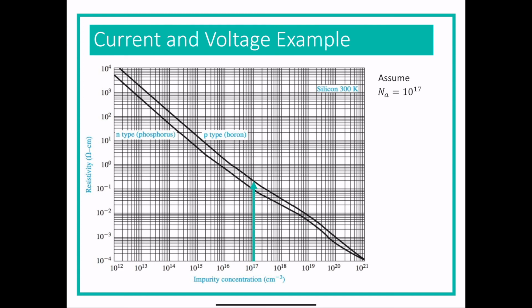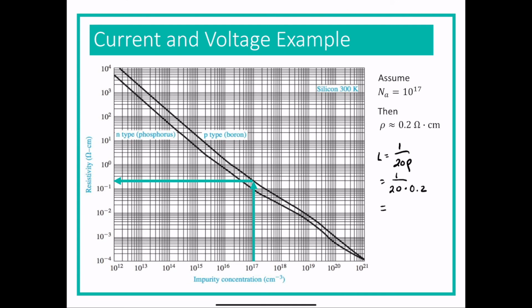And if we look on here at 10 to the 17 and go over, we find a value of resistivity of about 0.2 ohm centimeters. Therefore, we can find the length by just taking 1 over 20 times the resistivity, which is 1 over 20 times 0.2.